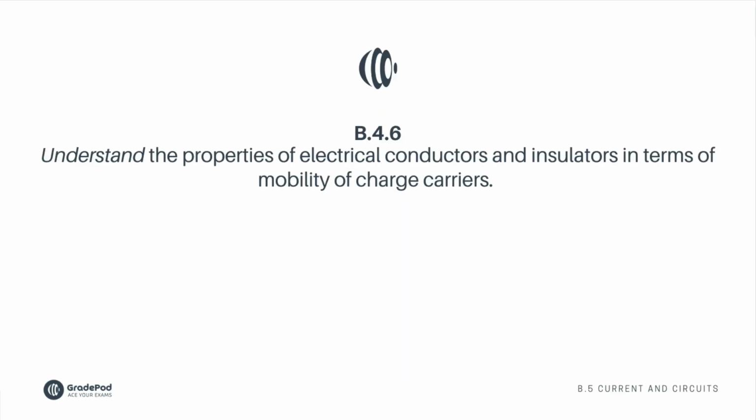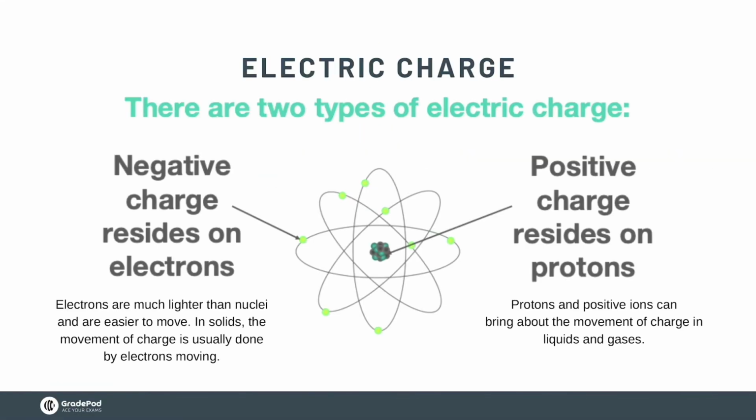We're now going to look at something called static electricity. We're going to look at its effect in everyday life and how it's produced. Let's start at the very basics. If we look at the representation of an atom here, you'll notice that we have negative charge that resides on electrons. These are the little electrons here, the green things. The electrons are much lighter than the things in the middle.